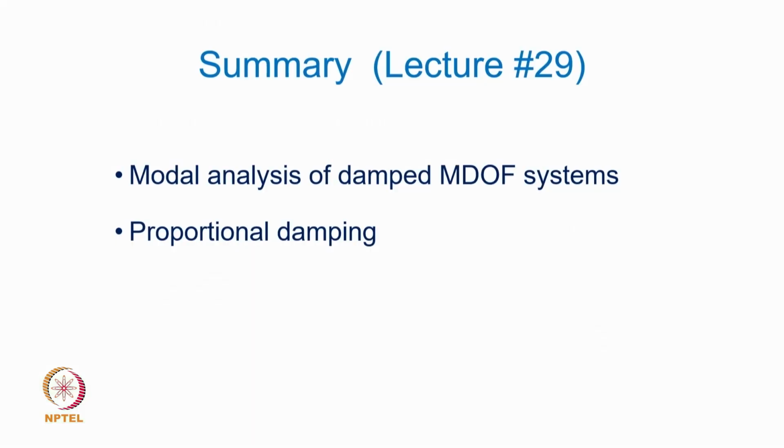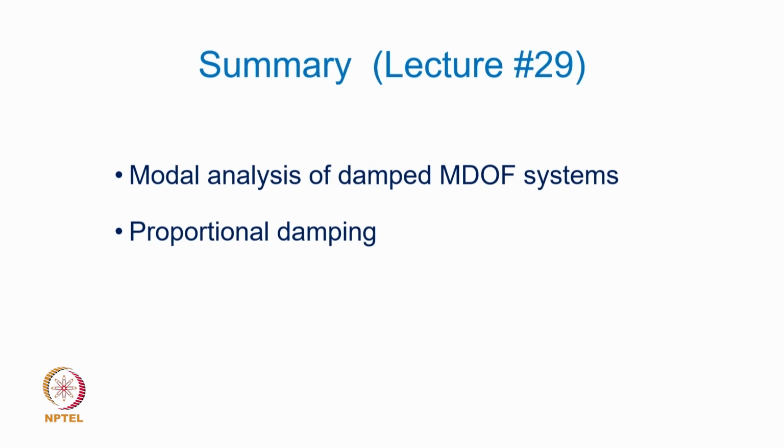In today's lecture we discussed how the response of a typical damped multi-degree of freedom system is obtained using the modal analysis approach, and in the process we discussed how some approximations and assumptions are necessary to generate decoupled governing equations of motion for a damped multi-degree of freedom system. The damping matrix as such is a coupled one, but we have to use some assumptions in decoupling it.